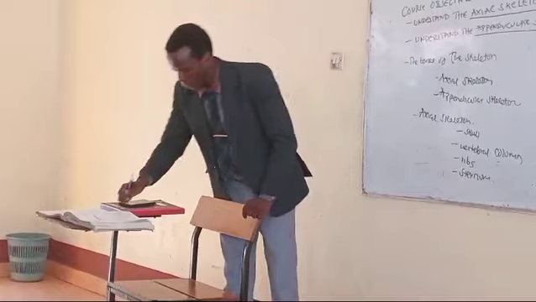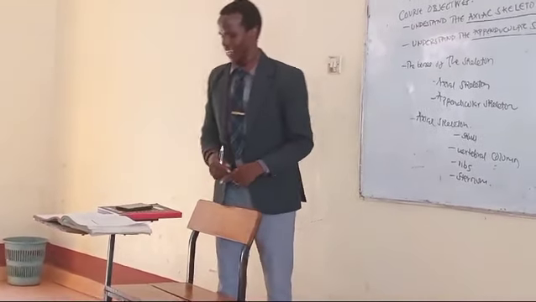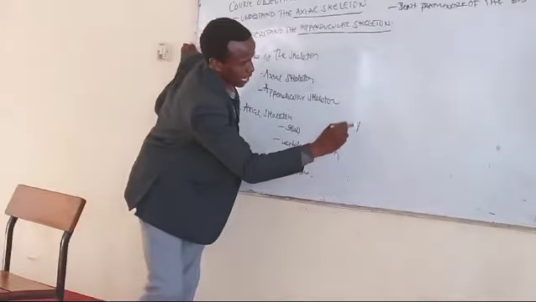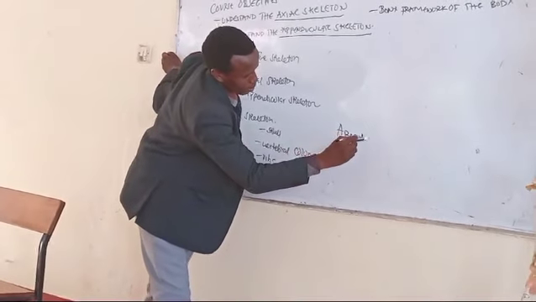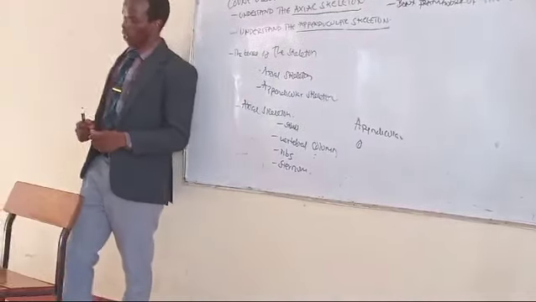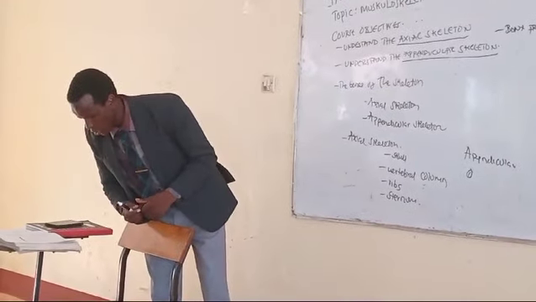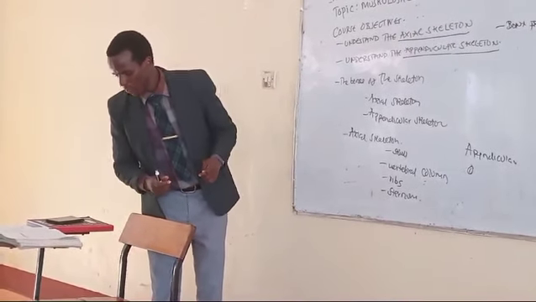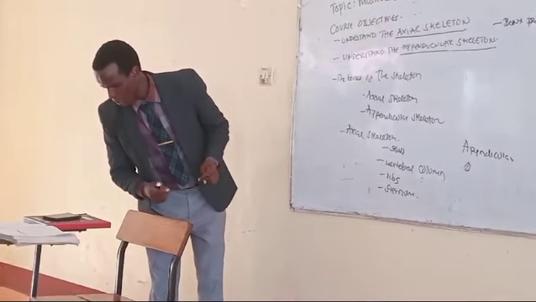Now, the appendicular skeleton. Let us look at the appendicular. It consists of the shoulder girdle, the pelvic girdle, and the limb bones.